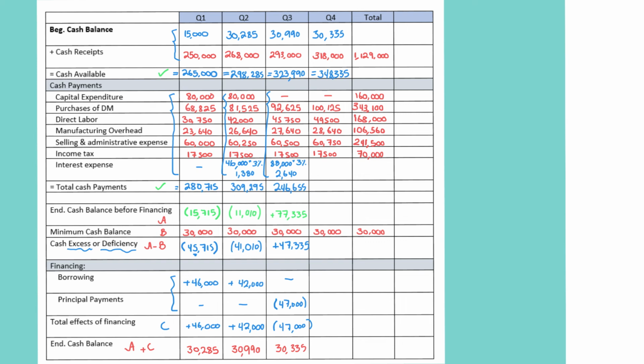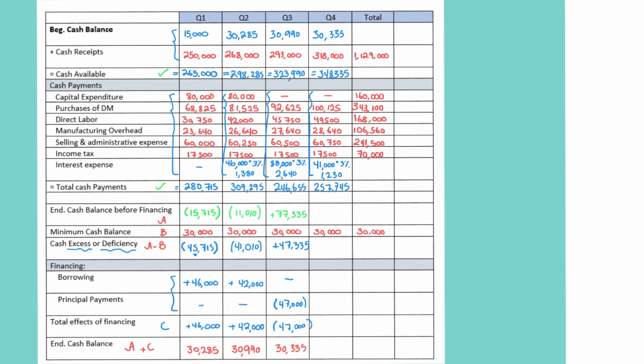Okay, it's 41,000. So 41,000 times 3% equals 1,230. Now I need to add all of the payments to get total cash payments, which is 257,745.